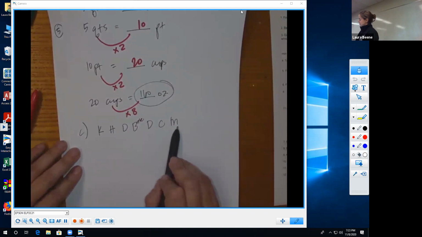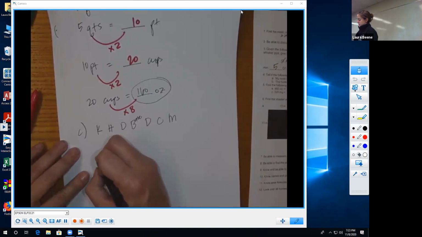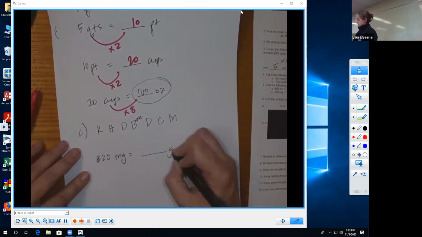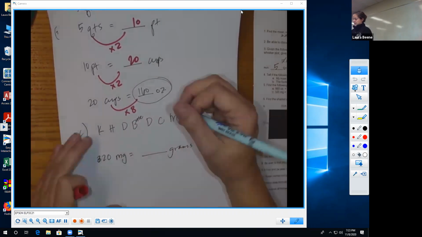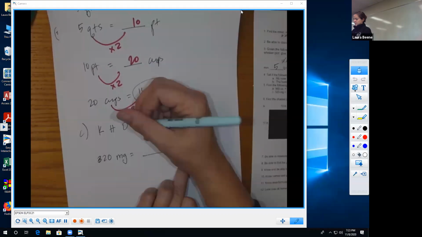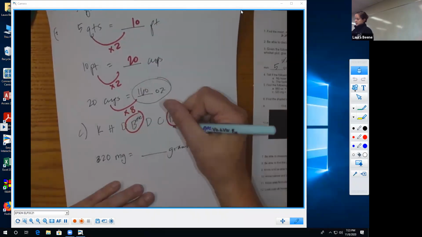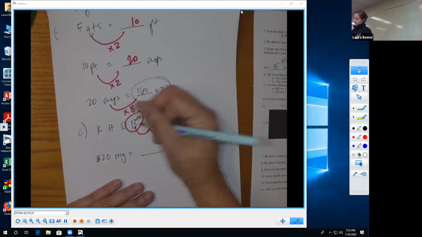So for this problem, for C, we have 320 milligrams, and I'm trying to go to grams. It is starting at milligrams, the M, and I want to get to grams, which is just the base. So to go from milligrams to grams, I'm going to the left, 1, 2, 3.